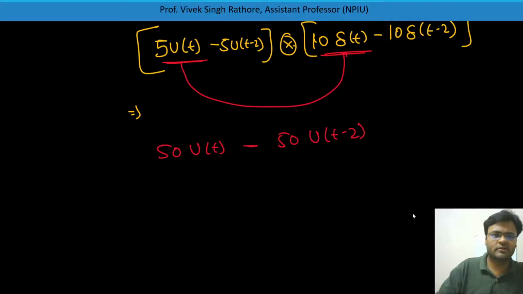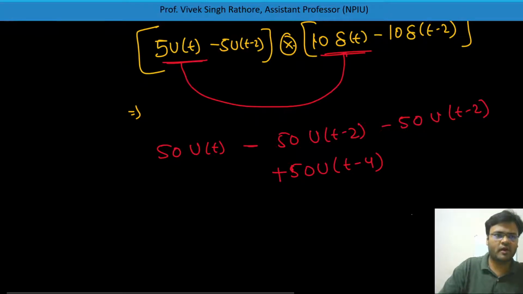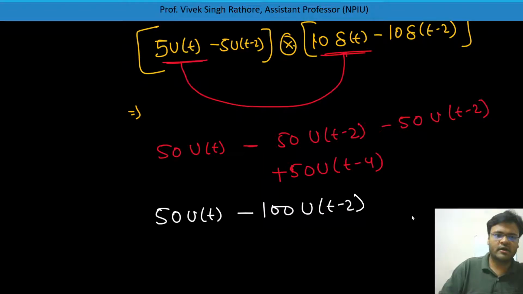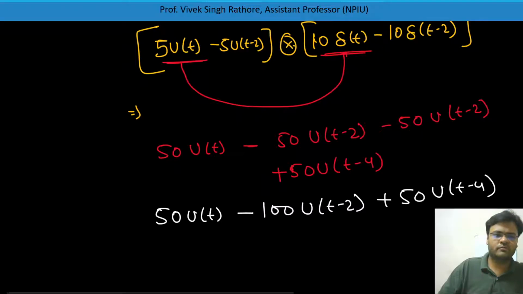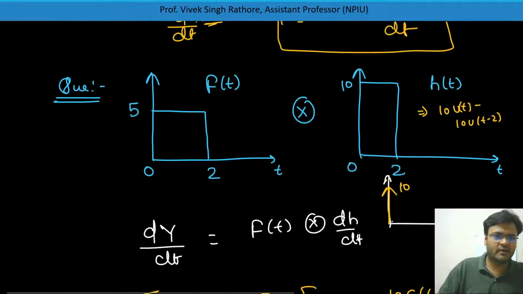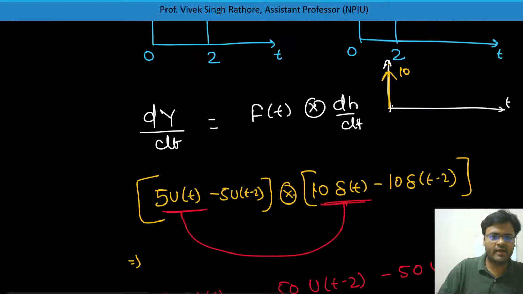Here you'll see minus 50 u(t minus 2), and you'll get minus 5 times 10, 50 u(t minus 4). So you'll get your output as 50 u(t) minus 100 u(t minus 2) plus 50 u(t minus 4).